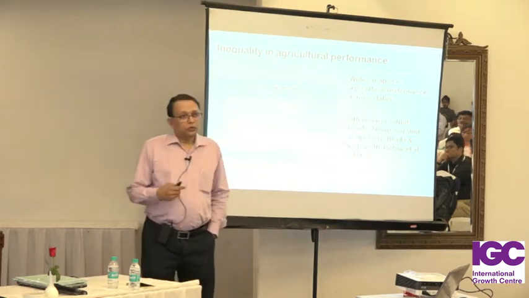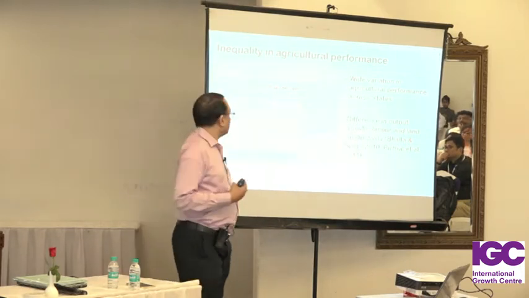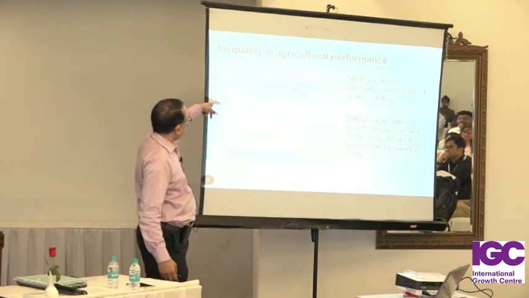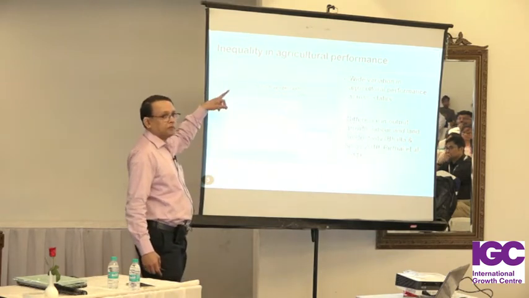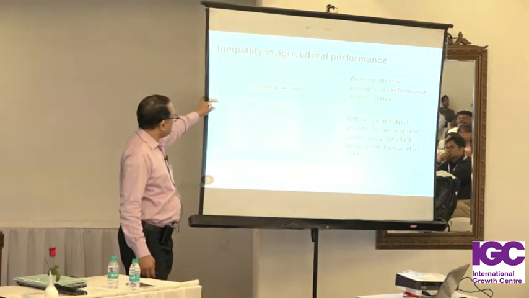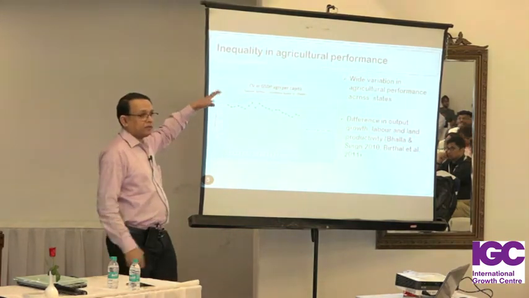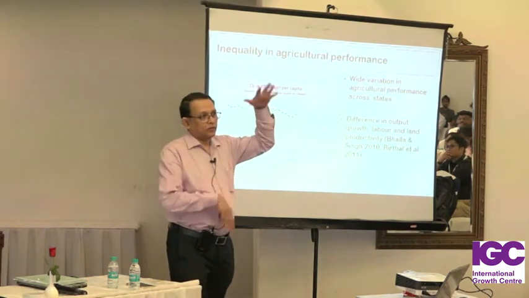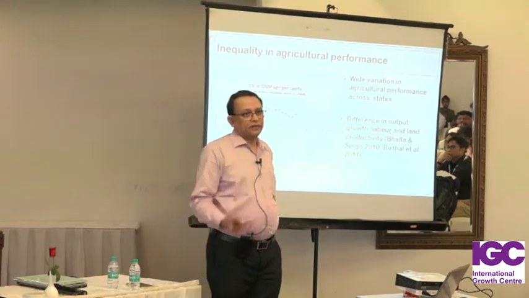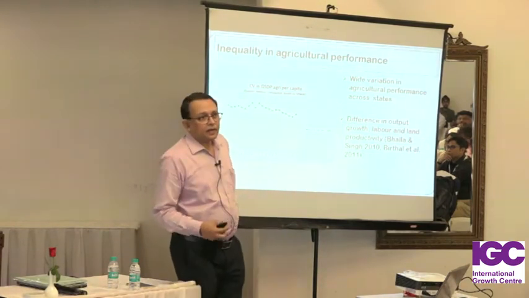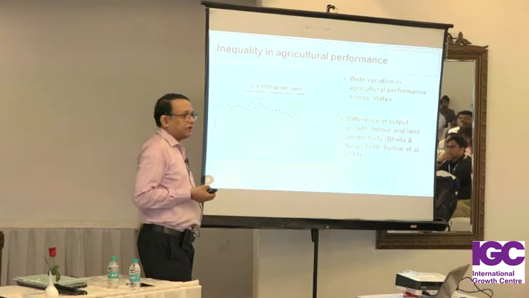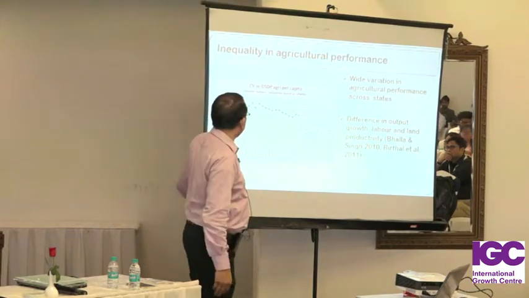If you look at the magnitude, I don't know if it is visible from the back, but this is showing some 40%, okay. The CV is basically a unit-free measure, so you can express it as a percentage, and it's about 40% here.